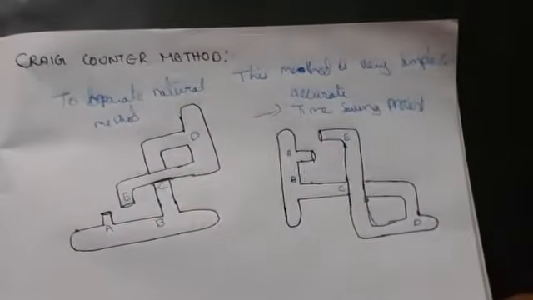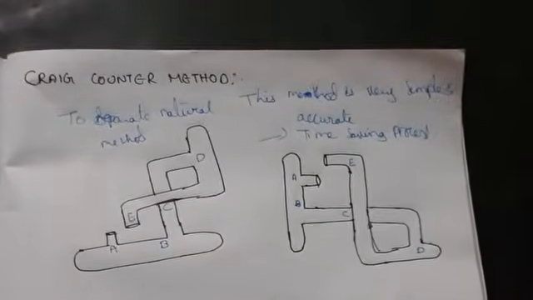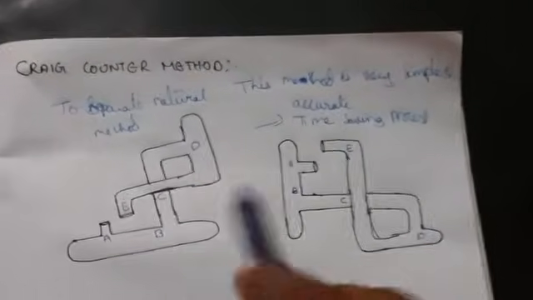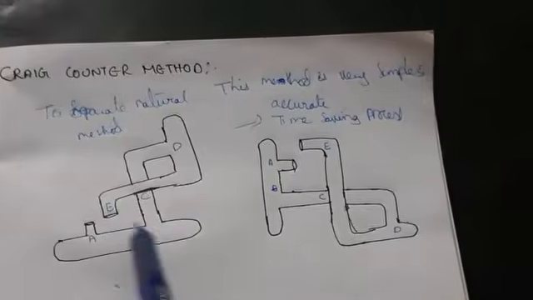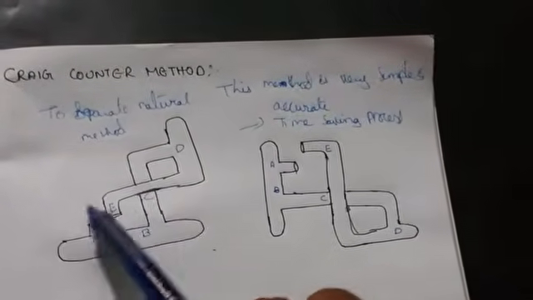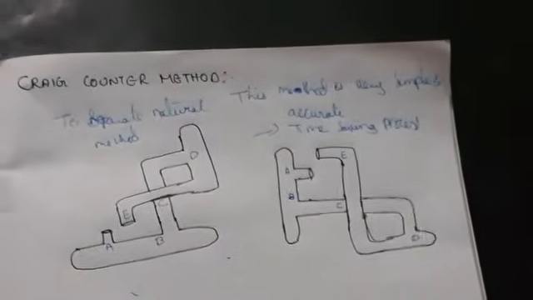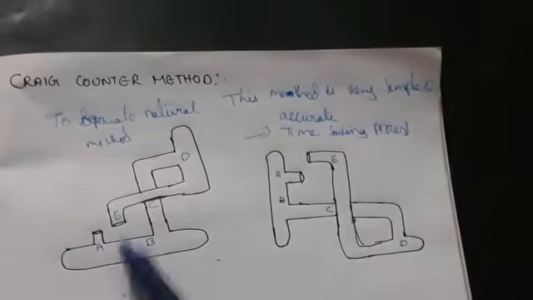The apparatus we are using here we call the Craig counter current apparatus. It consists of a series of glass tubes. If you take only one stage, the separation is not going to form. If you take multiple stages, the separation is possible and you will get a pure solvent and pure solute. That's why we call it counter extraction.